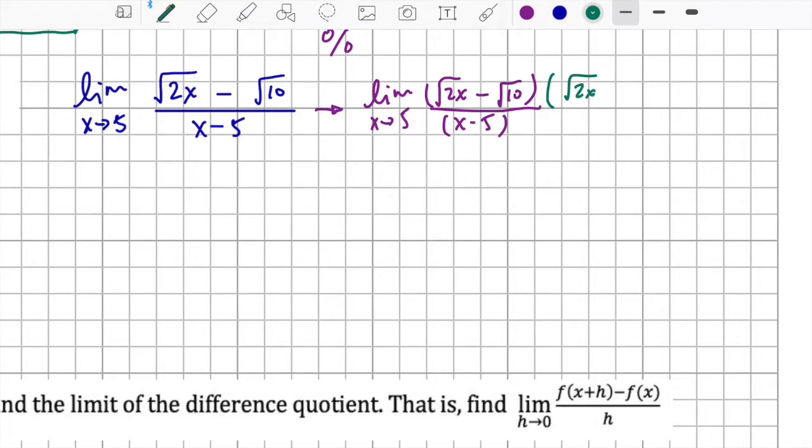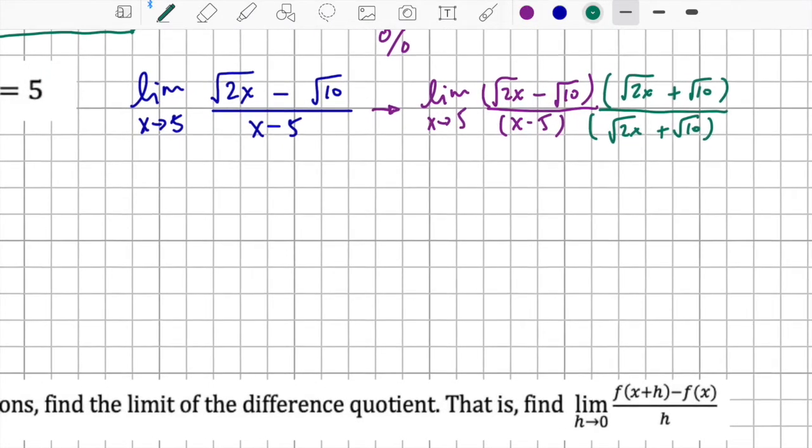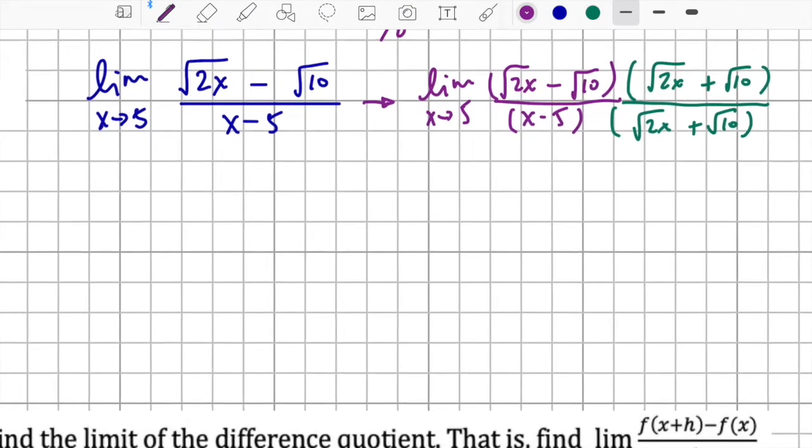The conjugate is just square root of 2x plus the square root of 10. Same thing on the bottom. Okay, now that I have it set up, we're going to multiply. Now, the denominator, I don't want you to multiply it, just leave it alone.